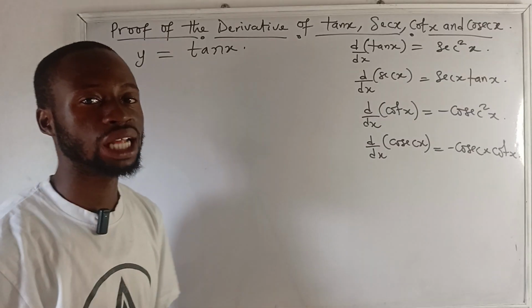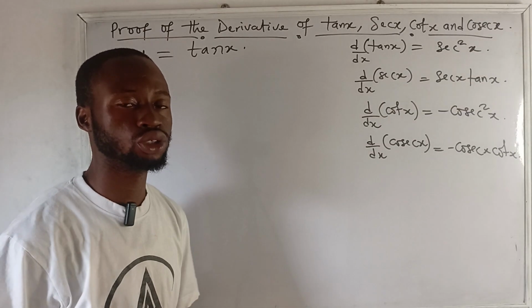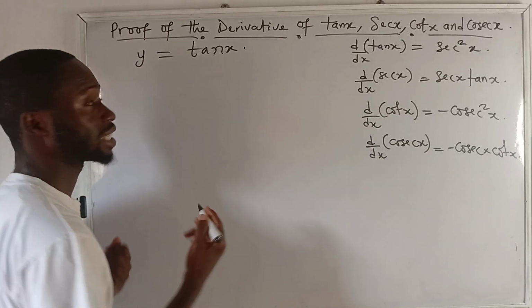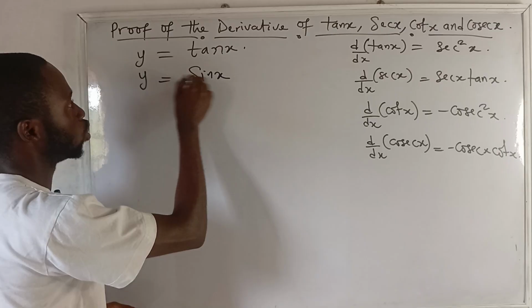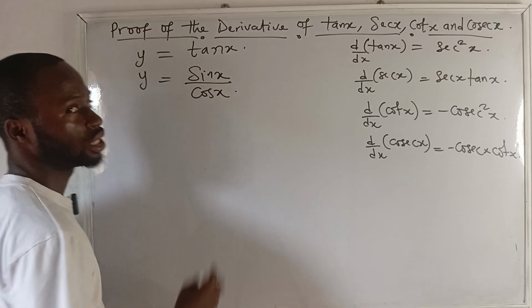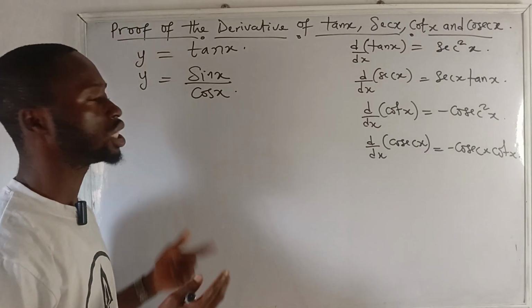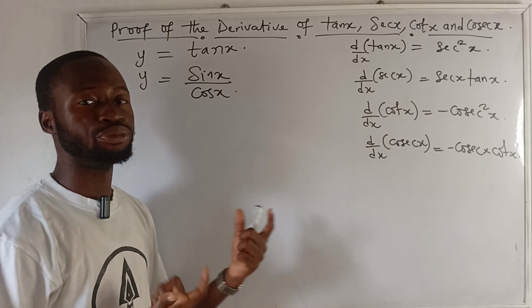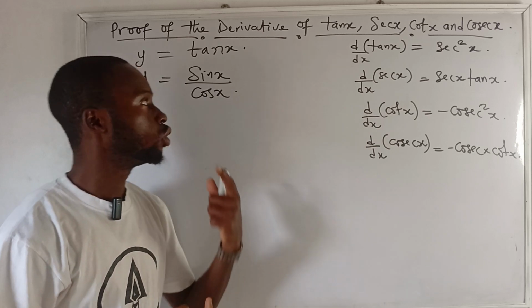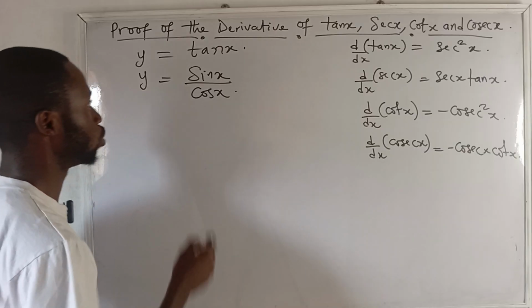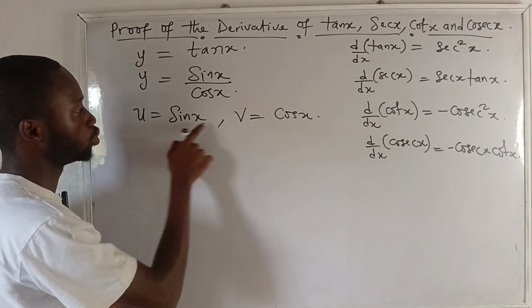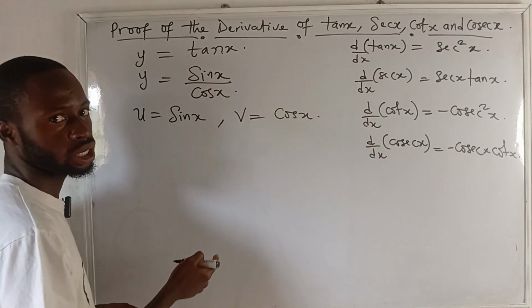Now, as you remember, tan x as a trigonometric function is the same as sine over cos. So y is equal to sine x over cos x, right? From there, we see that the functions are dividing. When the functions are dividing under differentiation, we use our quotient rule. So we need to differentiate u with respect to x, and differentiate v with respect to x.